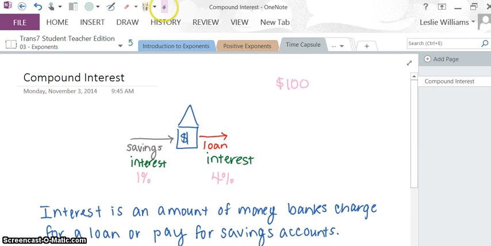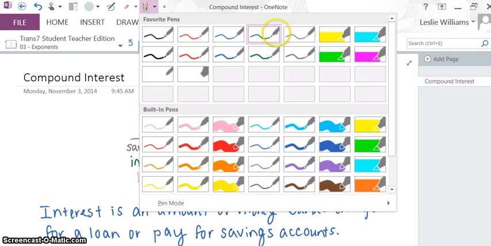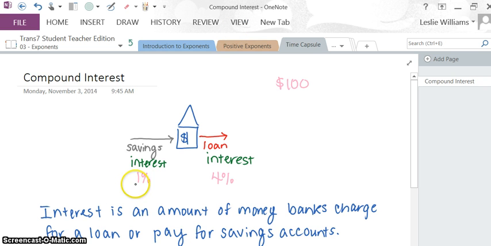So the interest here, right, you would actually end up taking $101 back out at the end of your savings. And you would end up paying, if you had a loan, $104 back at the end.